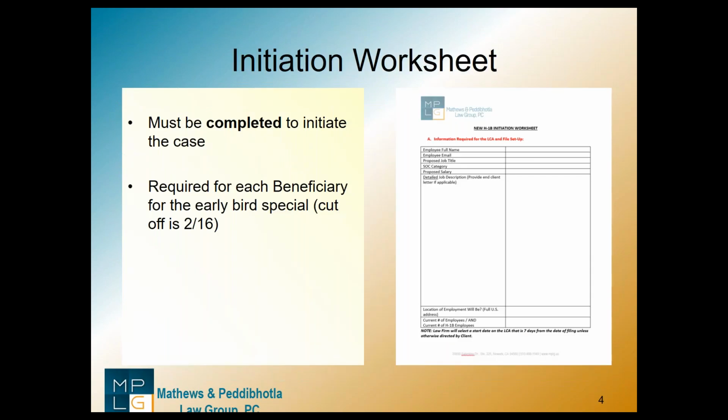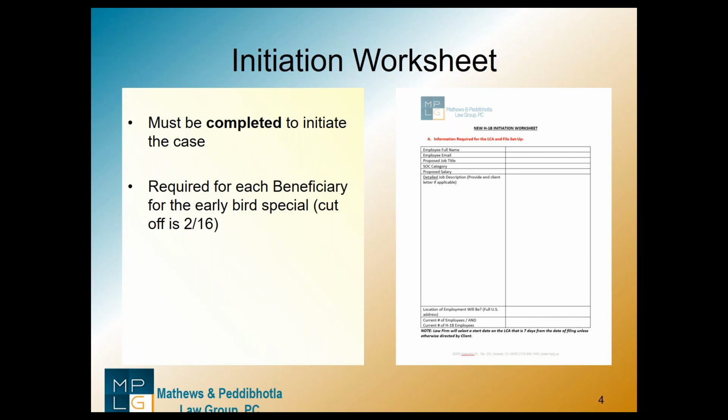The initiation worksheet, most of you have seen this. It's a little bit different than our usual one, but it must be completed to initiate the case. We do require that we initiate the Benny doc collection, so the documentation that the beneficiary provides. We ask that we collect that directly, which is why we ask for the employee email. We do need the job title and the SOC category that you would like to place a person in.